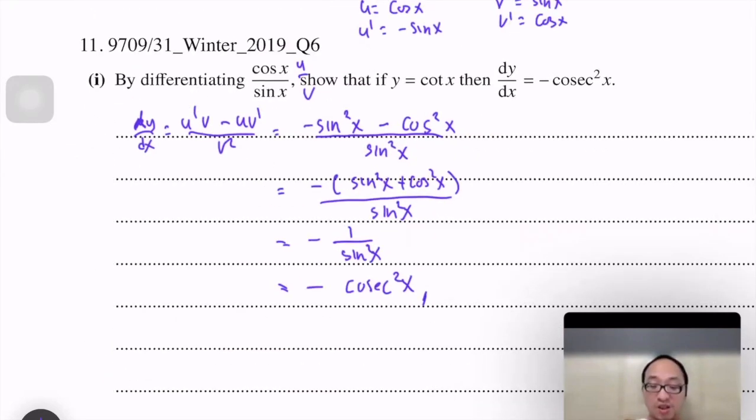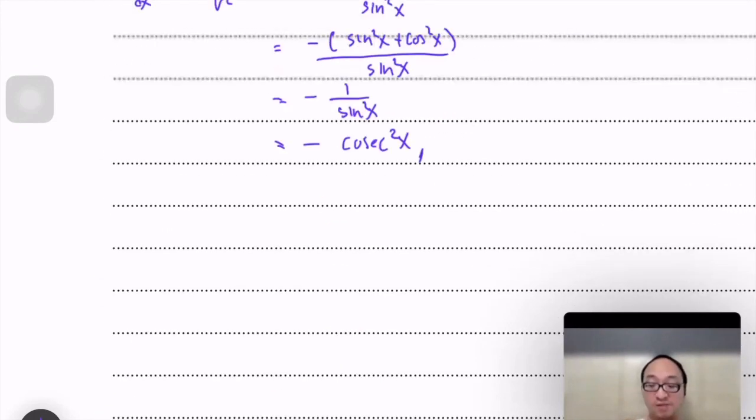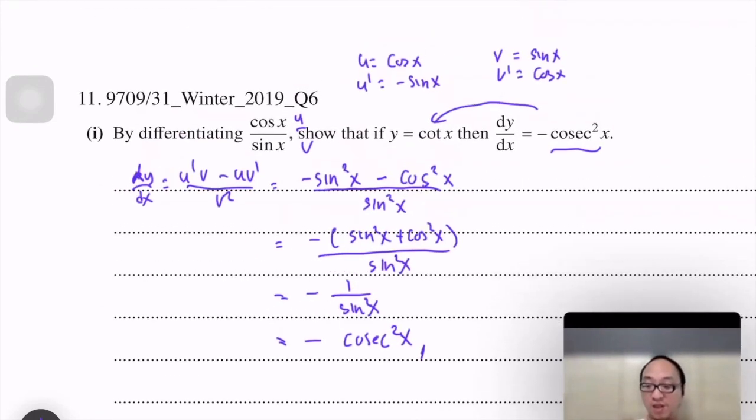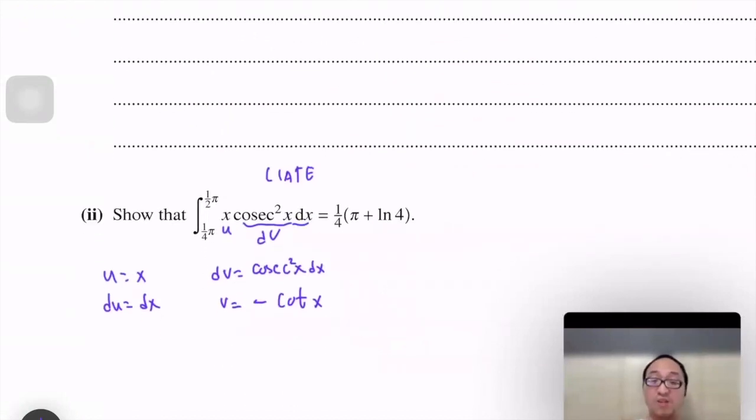We can use the answer from number 1. The integral of this is this, but because it doesn't contain the negative, we put negative here, cotangent x. The derivative should include the negative, but since here we don't have any negative, we put the negative in front of the cotangent.